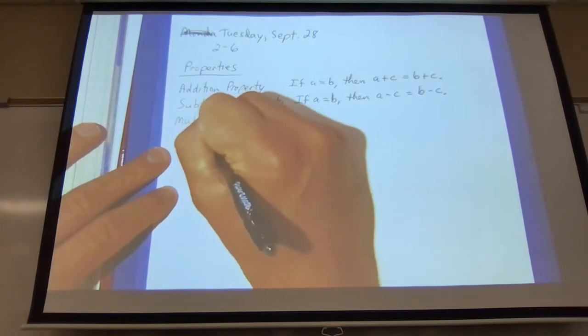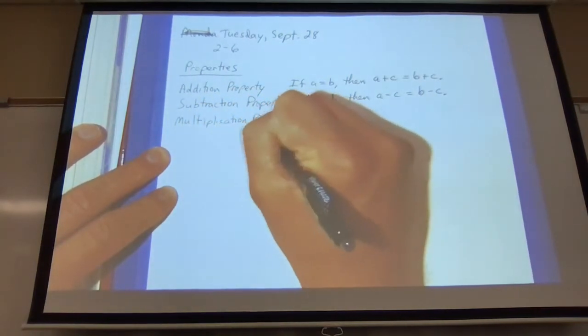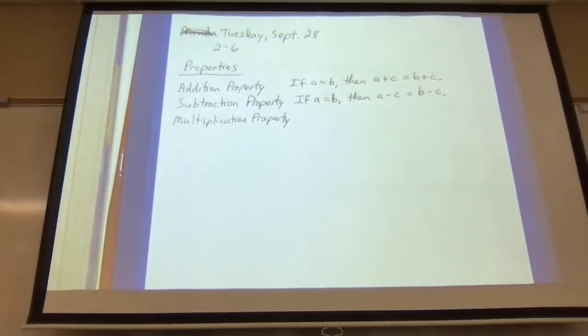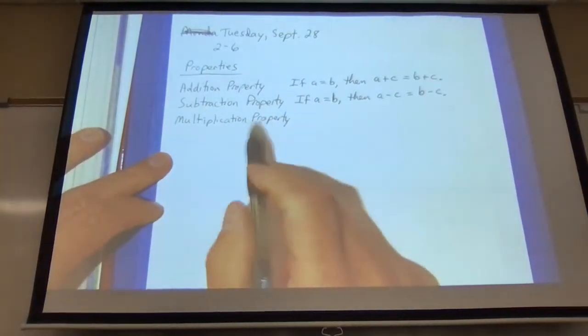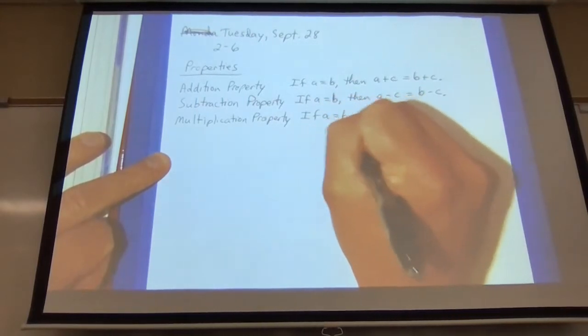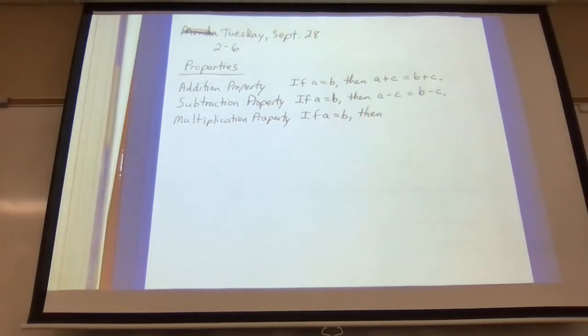Next comes the multiplication property. Just like the first two, multiplication property is going to start off if A equals B. Anybody think they can finish this one off?